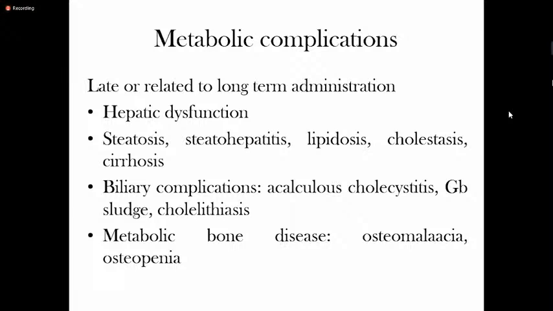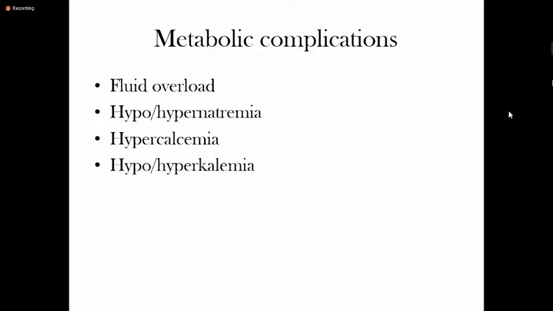We can also have metabolic bone disease from osteopenia. Fluid overload can occur, hypo and hypernatremia, hypercalcemia, all the nutrients we have, all the materials we have in the bag.